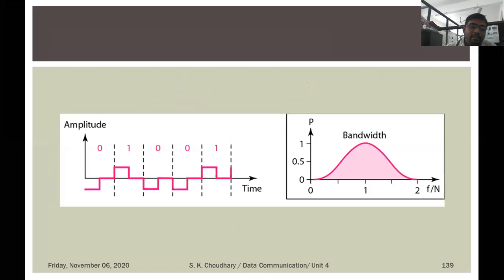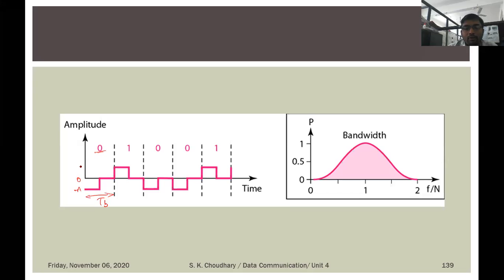So you can see the representation of the polar RZ here, and it is very clear. For binary 0, it would have the -A level, but only for half of the bit duration, not complete, because it is return to 0 signaling. Then the rest of the half it comes to the 0 level.